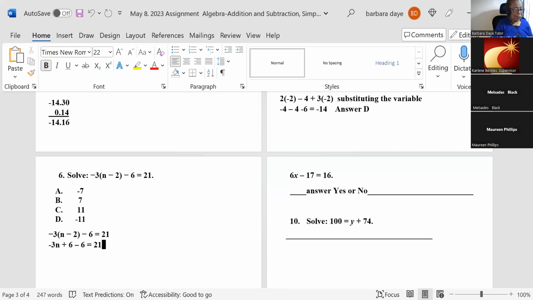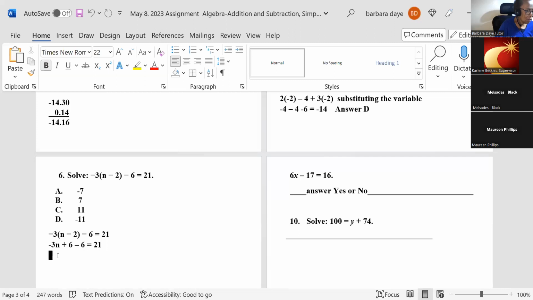You're trying to get the n on one side. Well, the n is already on one side. We're trying to get n by itself. So what do you do at this point? You've got minus 3n plus 6 minus 6 equal 21. You're going to add 6 on both sides.